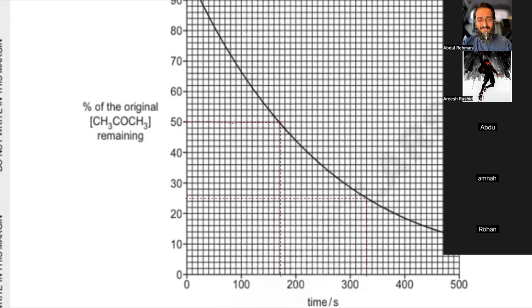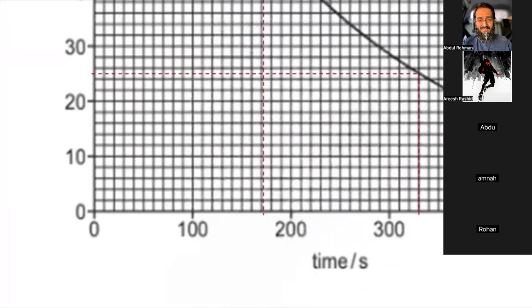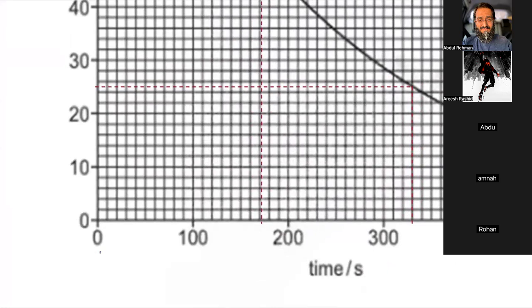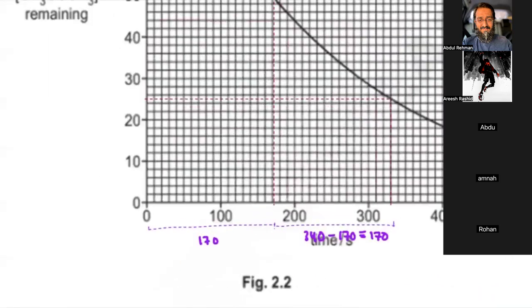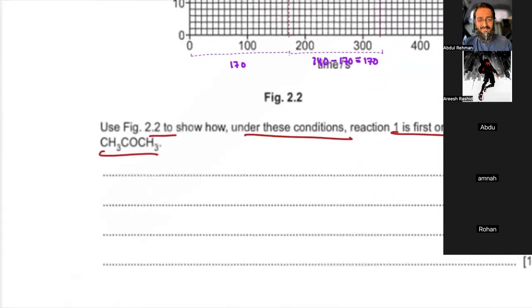So if you see the first half-life, it starts from 0 and ends over here. And if you see the second half-life, the first half-life is 170 and the second half-life is 340 minus 170, which is again 170, right? So for a first order, the half-lives must be constant, and we are getting that.